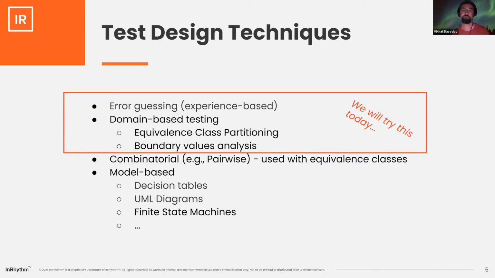And if we try to build a graph and try to visit every vertex of that graph, every edge of that graph, we can say that we kind of tested all the possible scenarios that we can do in this system, if we assume that our model is correct.